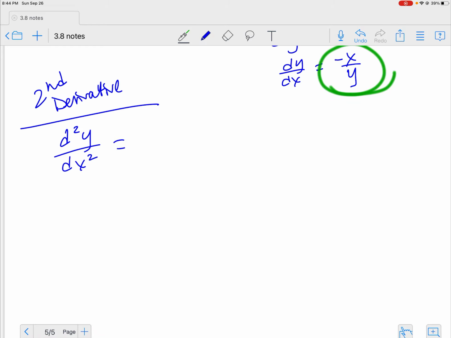And on the right side, what do we get to do to take this derivative? Quotient rule. Yes. So when we do our quotient rule, we have the derivative of the top, which is negative 1, times the bottom, minus the top, but do you see minus this negative?